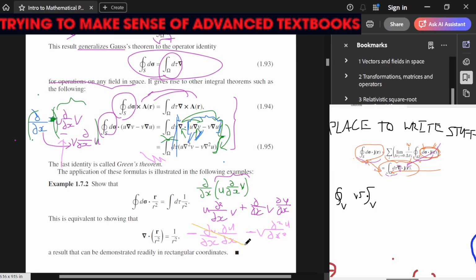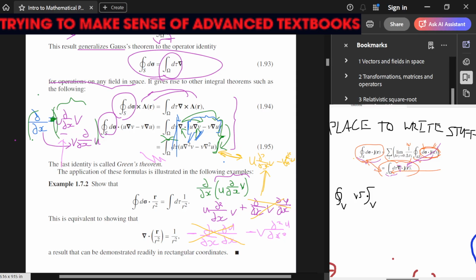So these two things cancel out, and we're left with u del 2 del x v minus v del 2 del x squared u, which is precisely this.